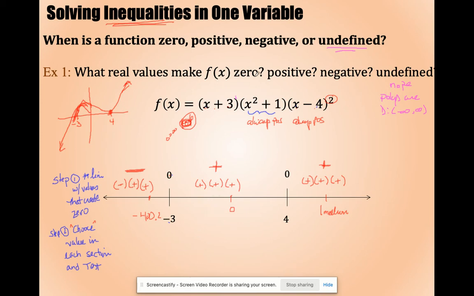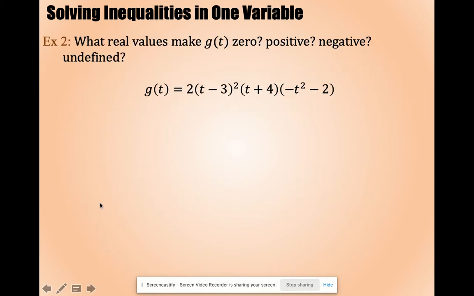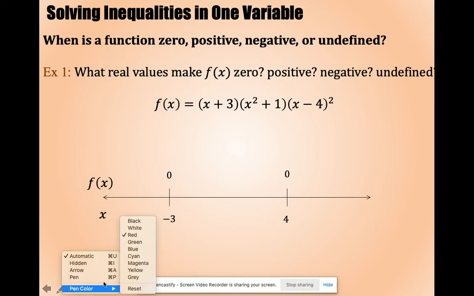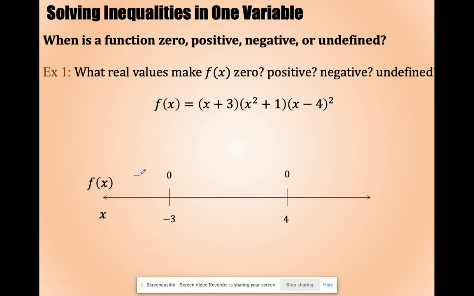So what if I change this question? I should label that x, I forgot, and f of x, right? What x's are you choosing to generate these values, and what y values are you getting out?